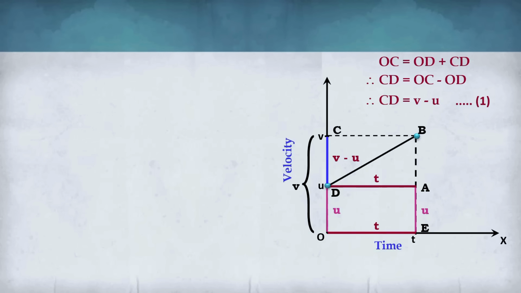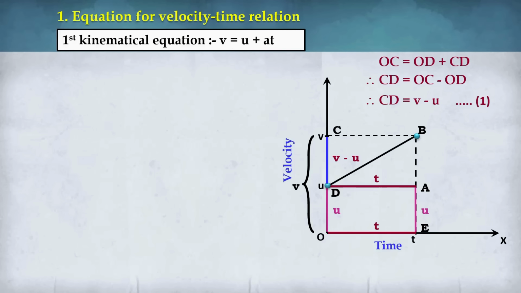Now let us derive the first equation of motion, which is the velocity-time relation. The first kinematical equation of motion states that final velocity equals initial velocity plus acceleration multiplied by time. To understand this, let us look at the velocity-time graph.